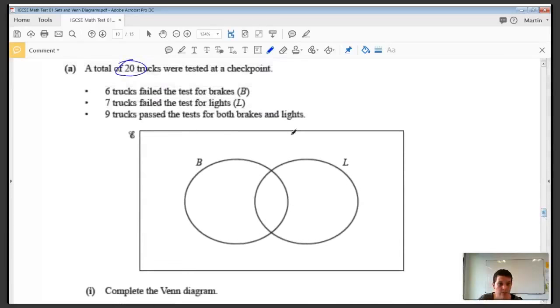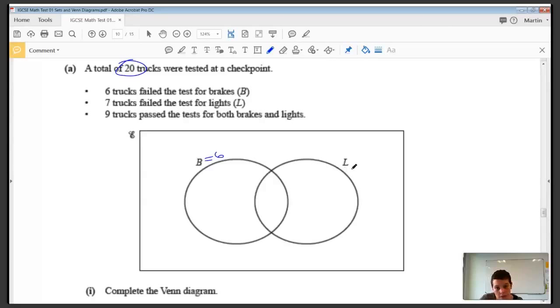So, they've told us that B is failing the test for brakes. Okay, so in this B circle, there's going to be 6. But we don't know who's sitting here and who's sitting in the overlap, which is why I put it in the outside to start. 7 failed the test for lights.